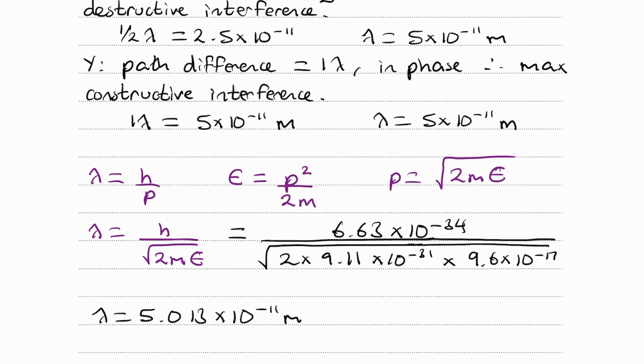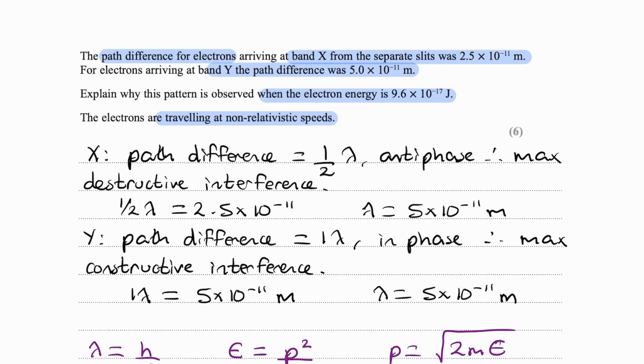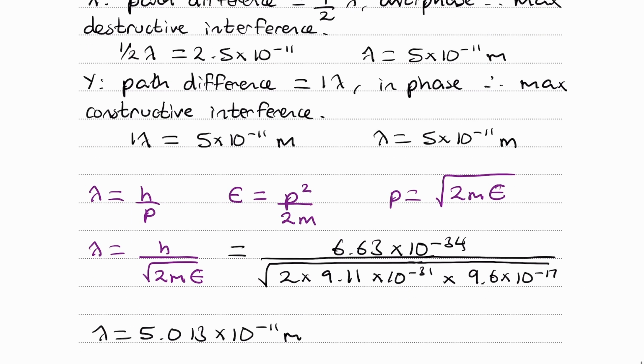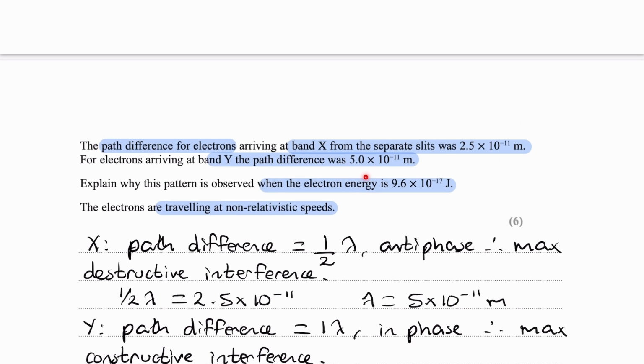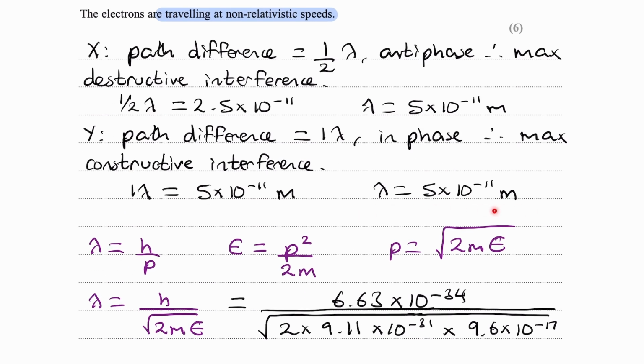And notice how this wavelength that we've worked out, the de Broglie wavelength that we worked out from the kinetic energy of the electrons, is pretty much equal to 5 times 10 to the minus 11 meters. That was the wavelength that we got from the path differences for x and y. So they're in agreement. If the path differences were what they were told to be in the question, that means the wavelength of the electrons needed to be 5 times 10 to the minus 11 meters to create this diffraction pattern.